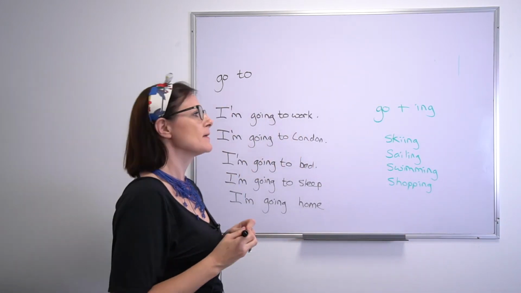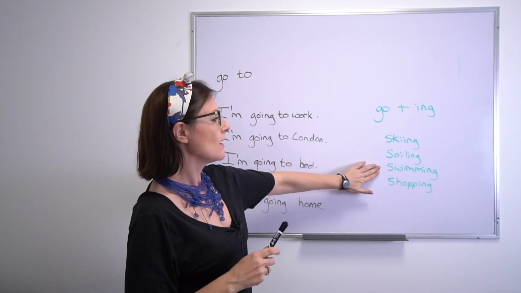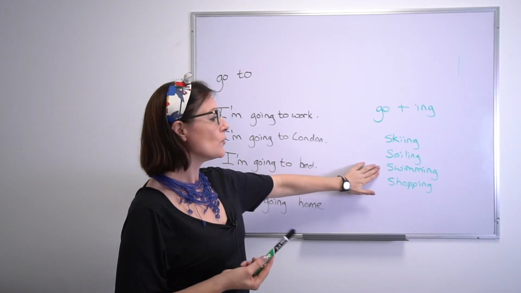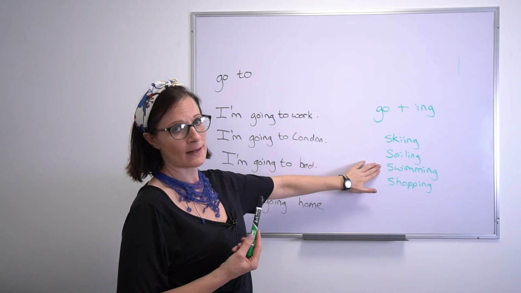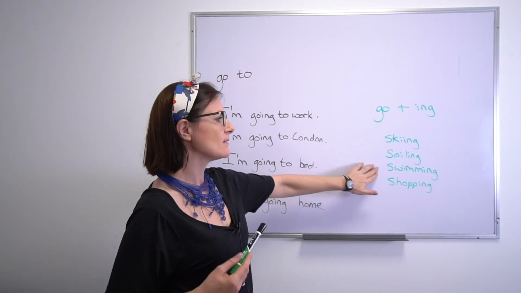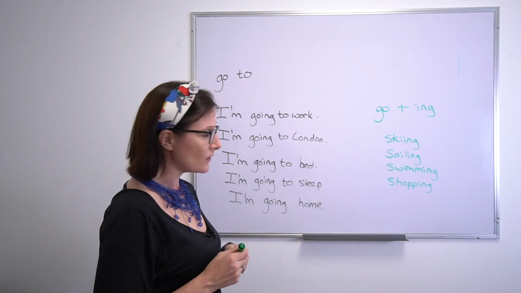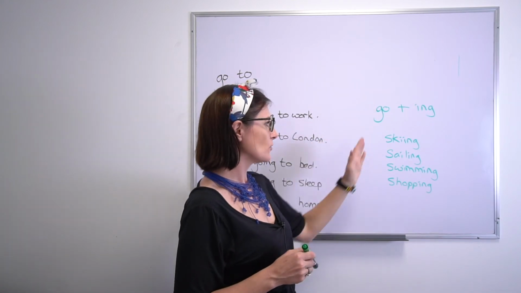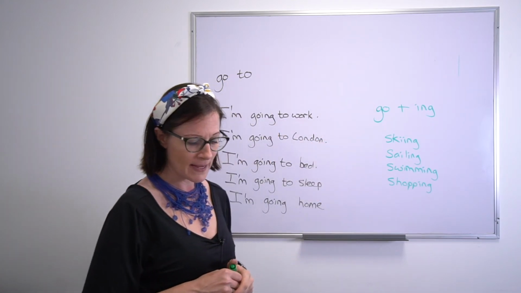It's interesting because so far we have learnt have a swim, go for a swim, or go swimming. All of them are the same, they mean the same thing. So very often we use go with ing for some type of sport or hobby.